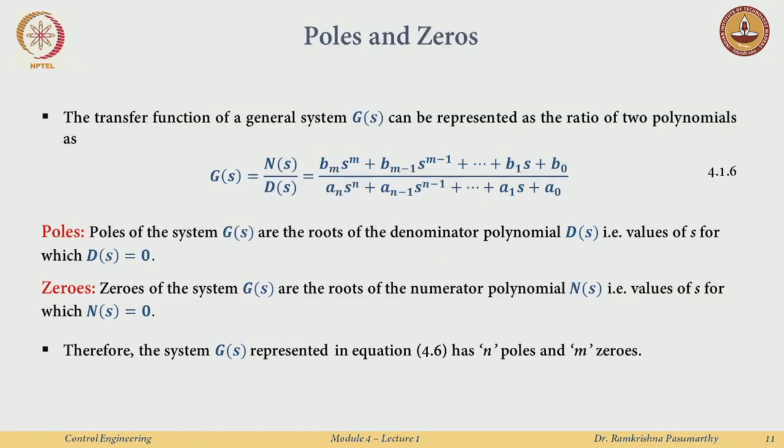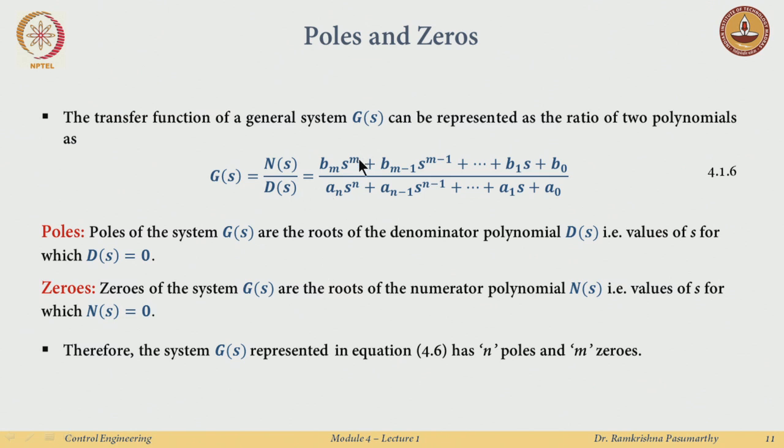Okay. Now, in terms of the transfer function, we know that the transfer function is represented as the ratio of two polynomials in S. You can also write this in terms of the pole zero configuration, right. So, how did we define the poles? The poles of the system are the roots of the denominator polynomial, for which I equate D of s equal to 0 and then find out what are the roots.